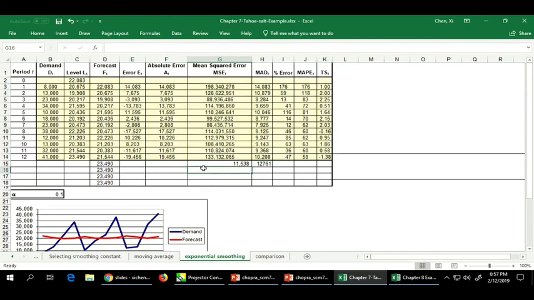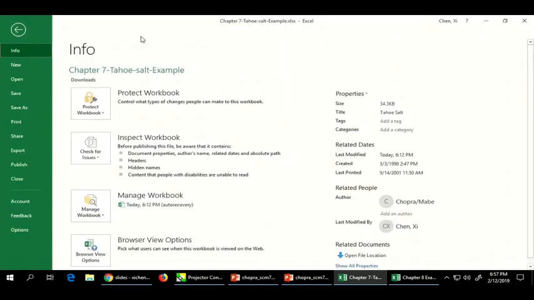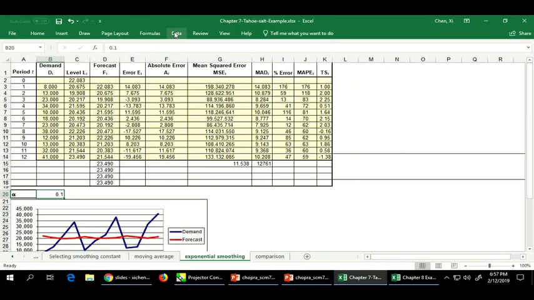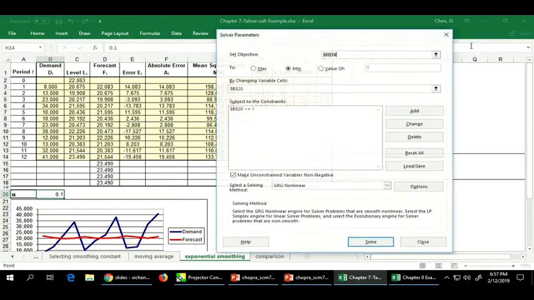Now, with exponential smoothing, when we have this convenient smoothing constant, we can actually ask Excel to choose the constants optimally in order to, say, minimize the error. So what we do is go to Data, Solver.